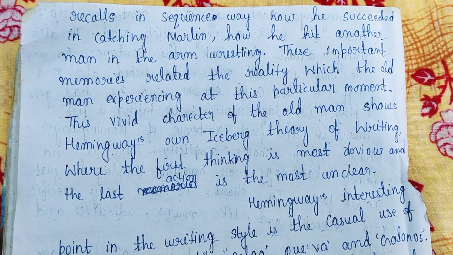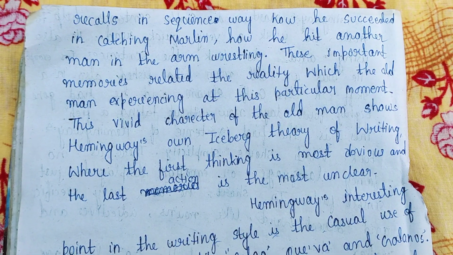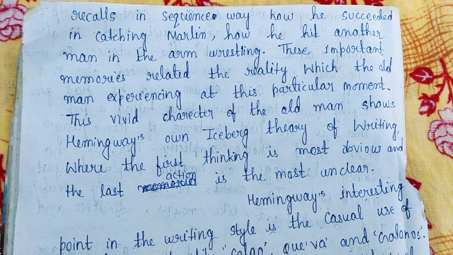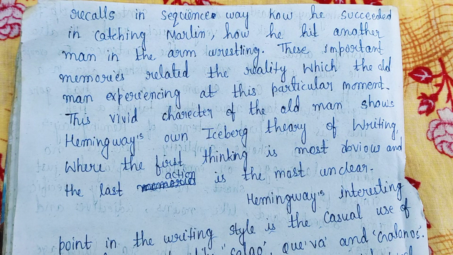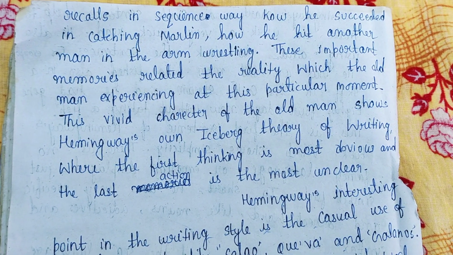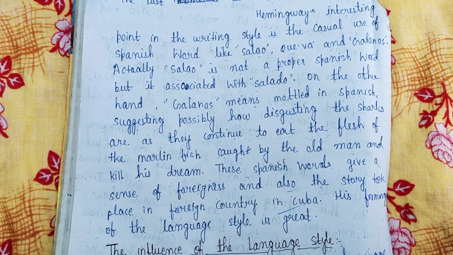These important memories are related to the reality which the old man is experiencing at this particular moment. This vivid character of the old man shows Hemingway's own iceberg theory of writing, where the first thinking is most obvious and the last action is the most unclear.